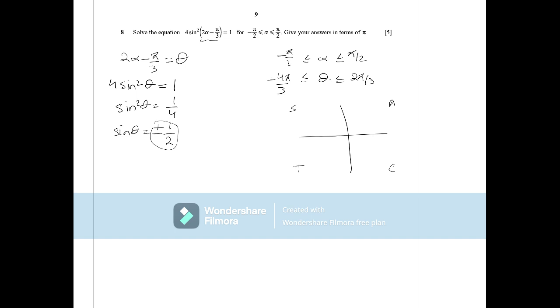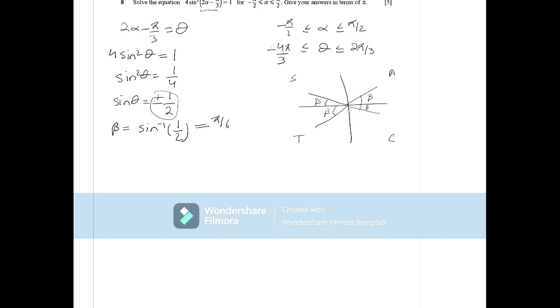You just need to take out the main angles from 4 quadrants. Let's call the basic angles beta, which is sine inverse of half, and sine inverse of half is pi by 6. So you have beta, beta, beta here, beta there.